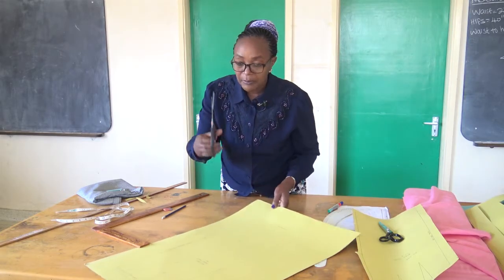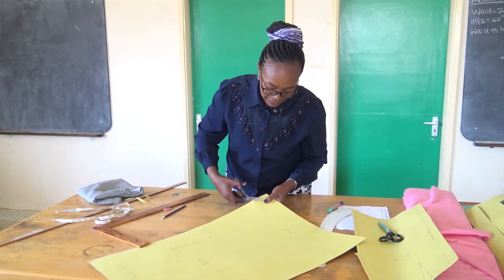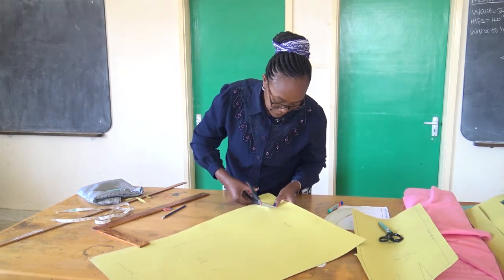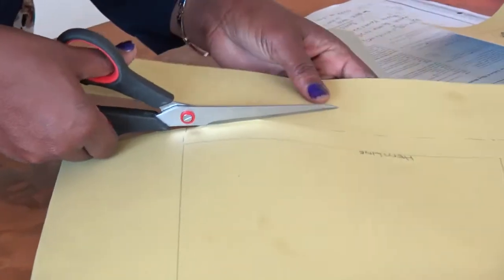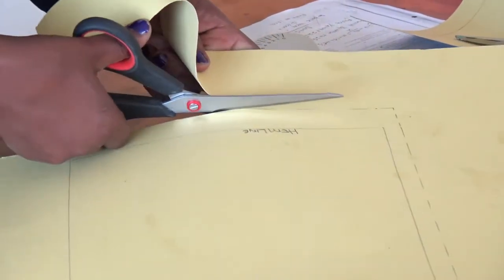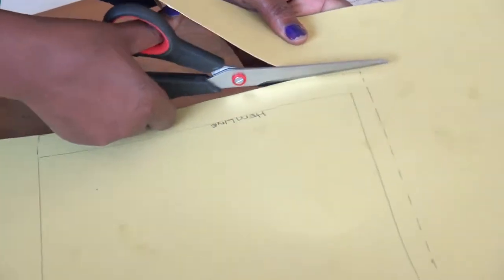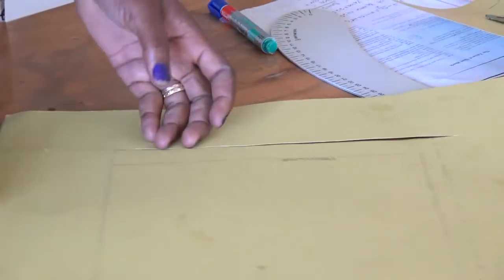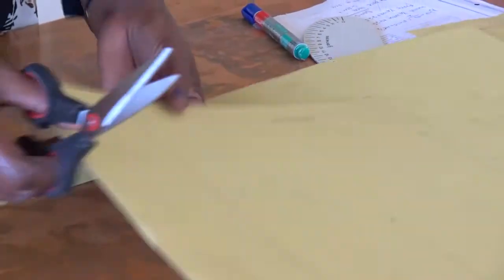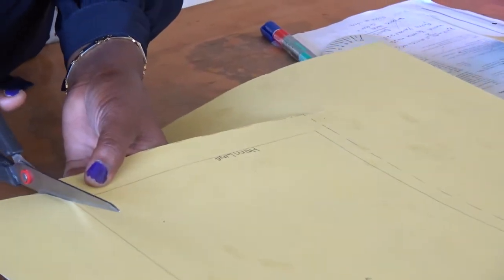I am using my paper cutting scissor to separate my patterns. Quickly, I will cut along the seam allowance. I'm cutting along the center front line.